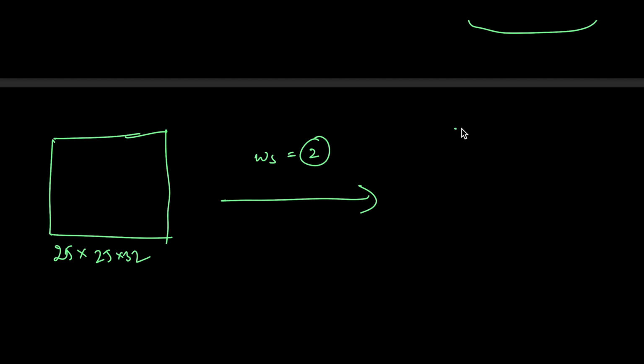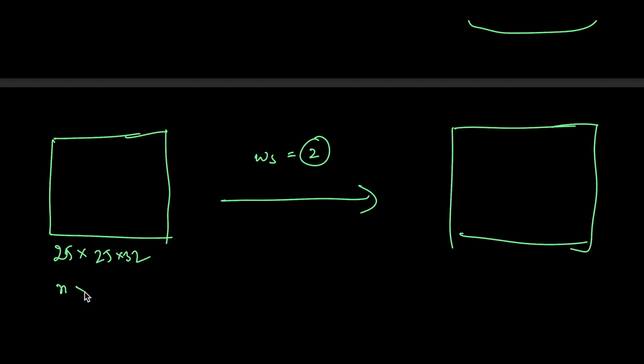If the window size is 2, then what will be my output shape? You can think of the input shape as n cross n, and the kernel size as k cross k, where k is 2. We are applying the max pooling operation, and the stride is also k, because whatever the window size is, the same will be the stride in case of pooling layers.